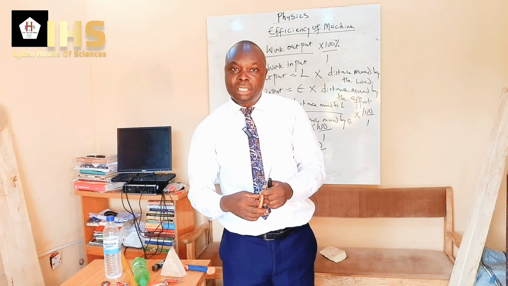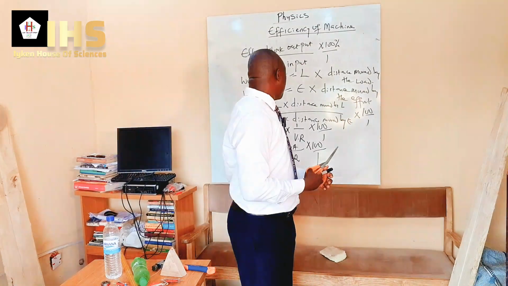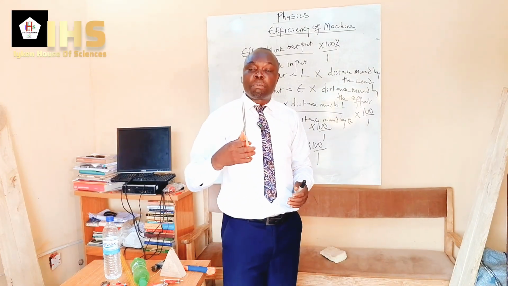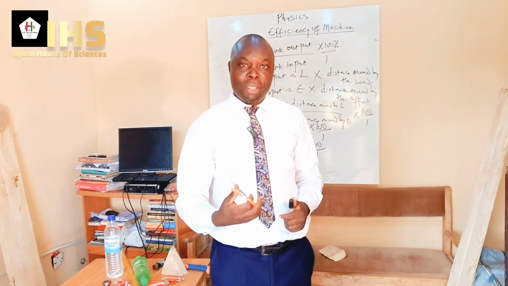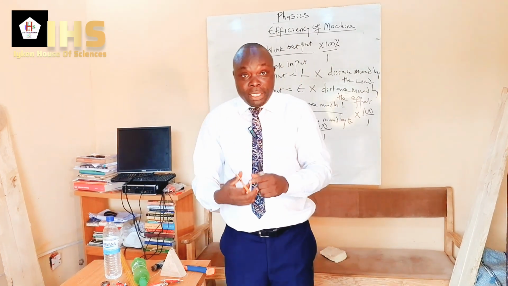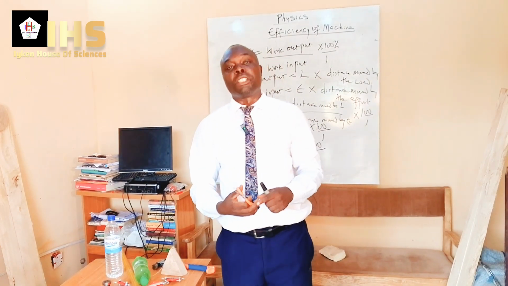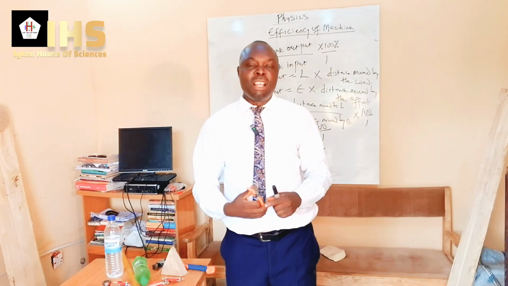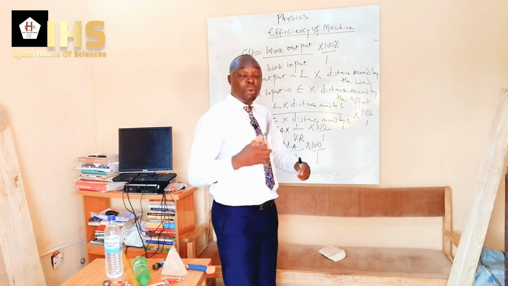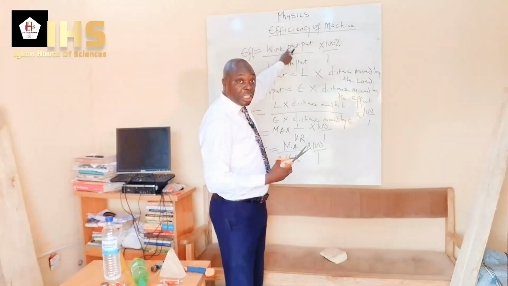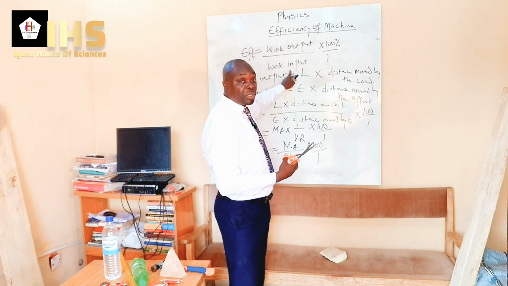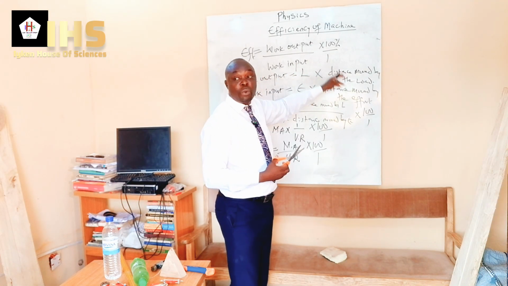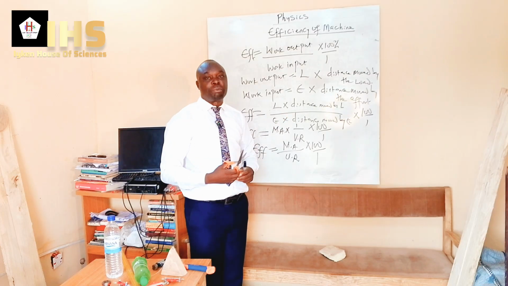We can do that when we know the work output, the work that the machine can deliver, and the work that the person uses to deliver on the machine. So when we calculate the work done by the machine per the work done on the machine times 100 over 1, we are calculating the efficiency of the machine.